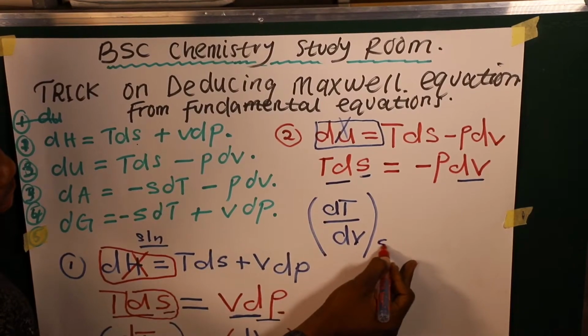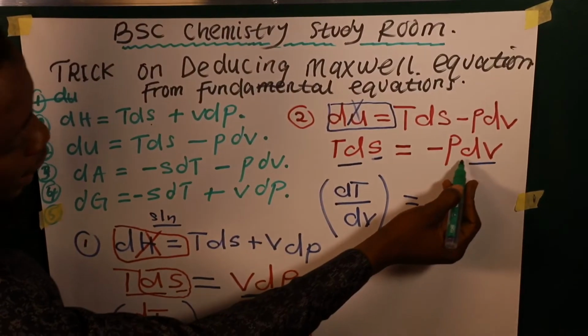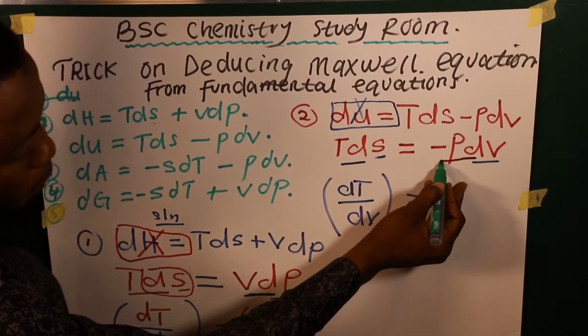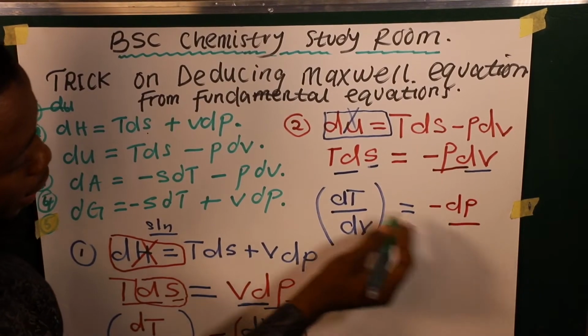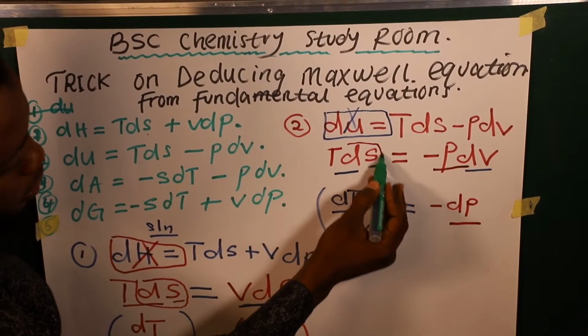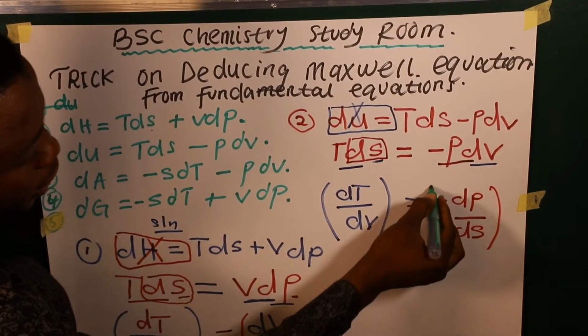We close the bracket with respect to S. Then we take the first two variables in the second part of the equation, that is minus dP, and we divide it by the last two variables in the first part of the equation, the dS.